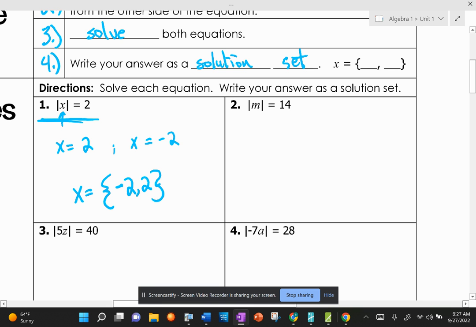The preferred notation should be the lowest answer first, biggest answer second, but that won't count against you for a grade. That's just the preferred notation.